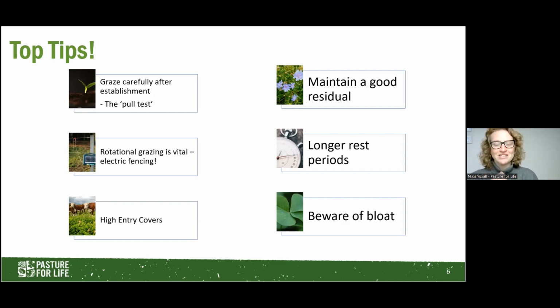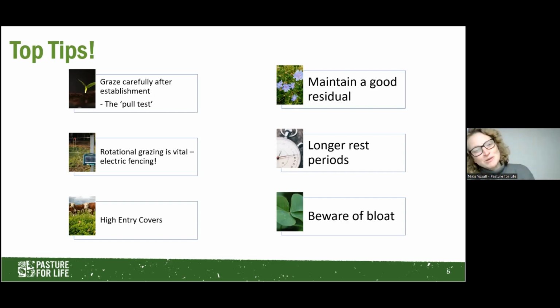So the last thing you want is that every plant they wrap their tongue around comes up from the roots. You want to make sure that they're really well established before you graze them, as would be the same for any recently established lay. But particularly with some of these herbal lays, they do need that bit of time just to make sure that they're well established.